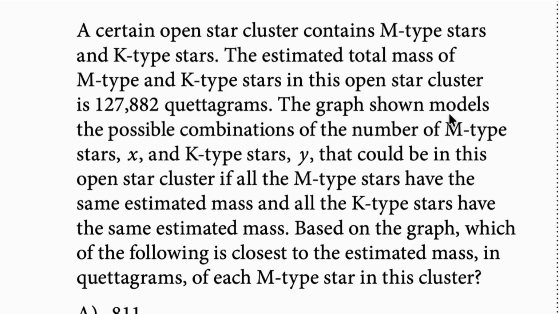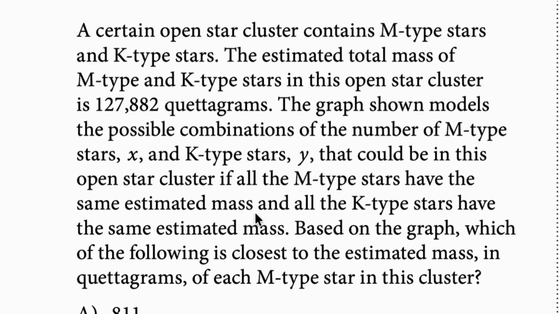The graph shows models for the possible combinations of the number of M-type stars x and K-type stars y that could be in this open star cluster if all the M-type stars have the same estimated mass.